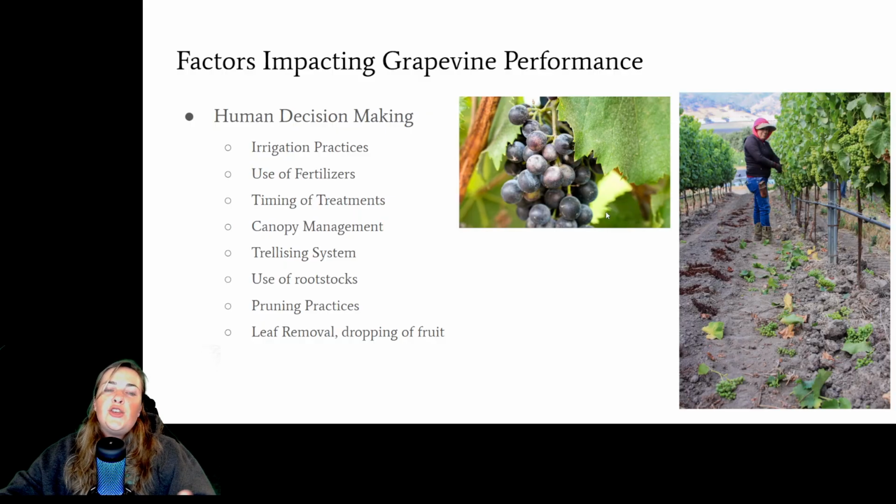There's also human decision making that will impact your performance. So your irrigation practices, use of fertilizers, your timing of treatments, canopy management, your trellising system, your use of rootstocks, pruning practices, and then leaf removal, dropping of fruit.